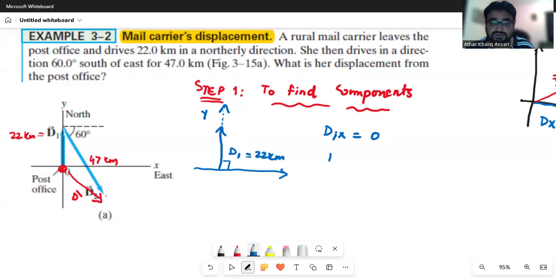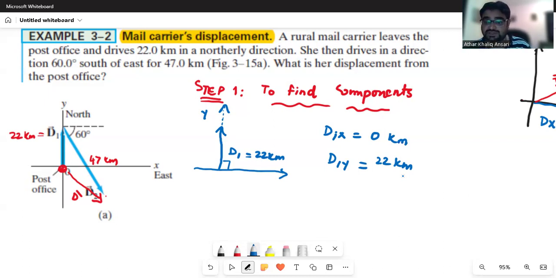D1y, because the full value of the component is vertical on the y-axis, will be the total 22 kilometer. If someone says no, I need to use the formula D1y is equal to D1 sine theta, yes, of course, you can use 22 sine 90.